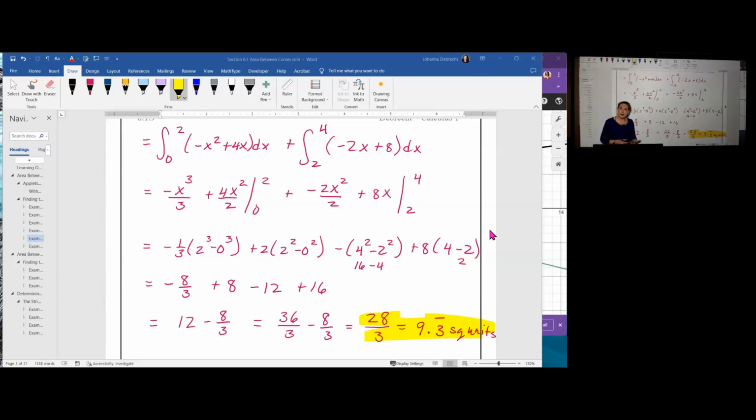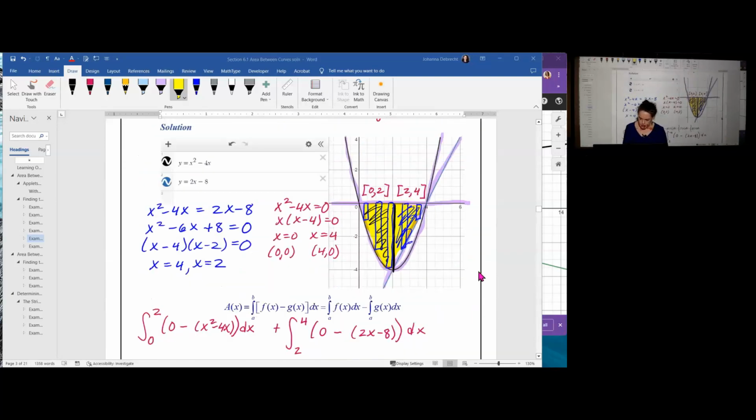Let's take a look back at the graph, find out what 1 square unit looks like, and judge whether or not we think 9 1/3 is a reasonable result. When we scroll up, 1 square unit is going to be this little block right here.